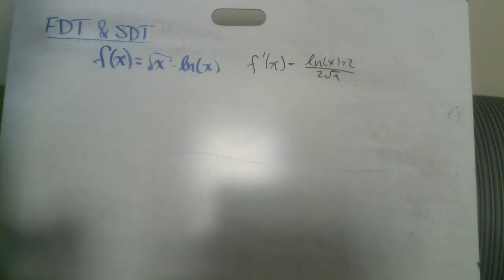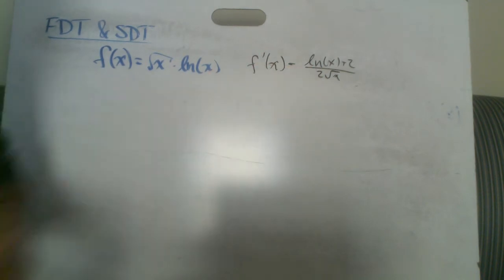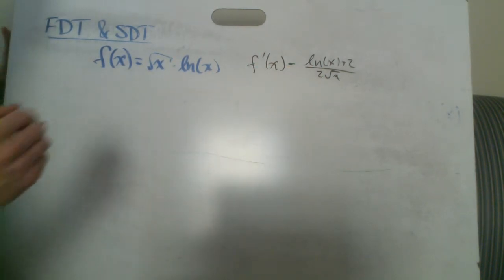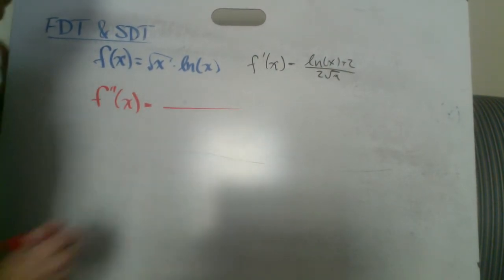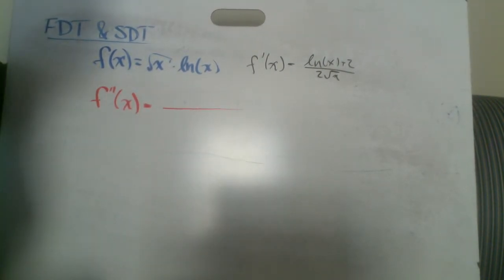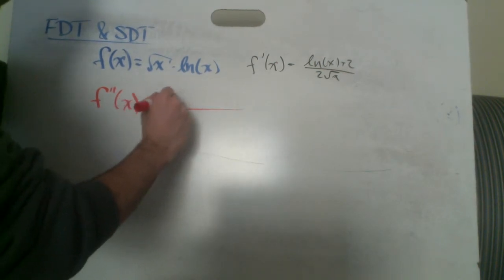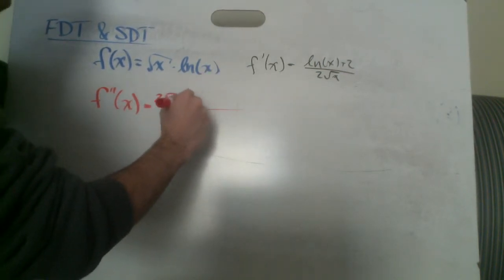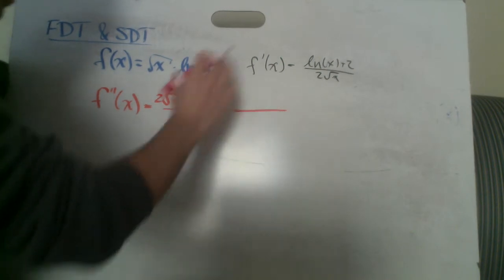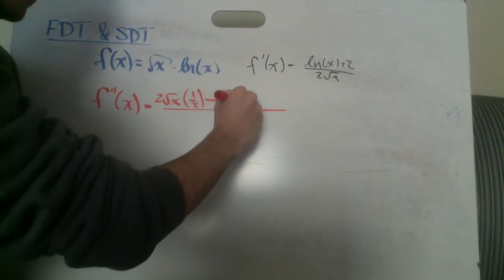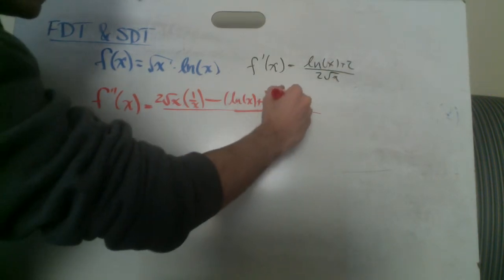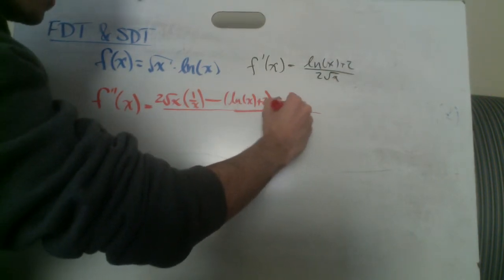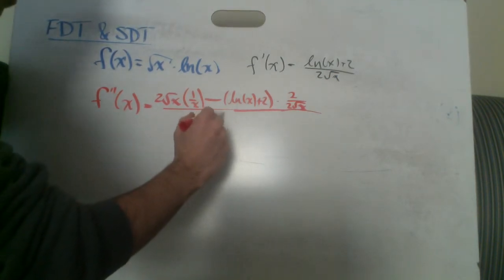And if you thought finding f prime was bad, you're in for a treat, because f double prime, to find it, we need to use the quotient rule. So, the quotient rule is the bottom times the derivative of the top, minus the top times the derivative of the bottom, all over the bottom squared.